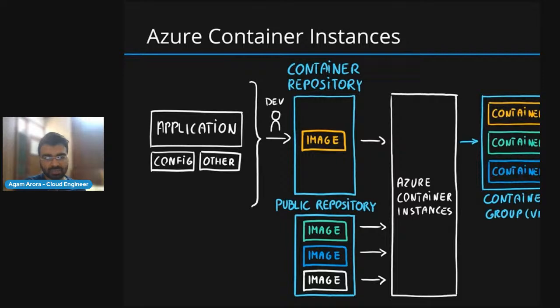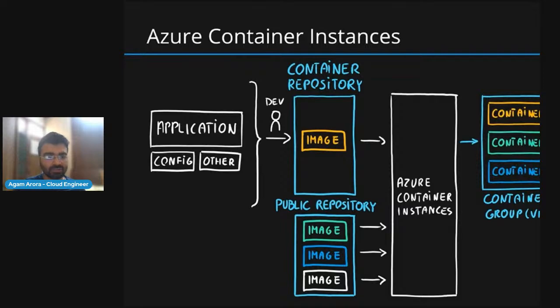So what the image defines here is the operating system and the dependencies. So let's say an application's main dependencies are PostgreSQL, Apache Server, and Redis. So all that is packaged into a single component, and it is directly used to create that container instance.